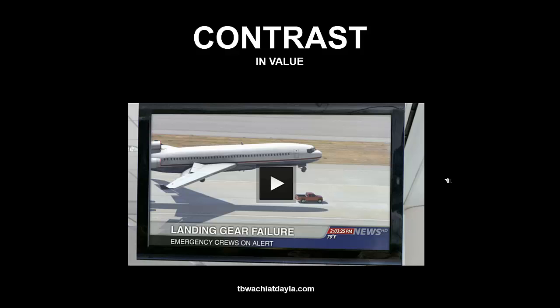So in this case here, you may have seen a television ad of an airplane landing, where the front landing gear was not working right, and it landed in the bed of a Nissan Titan truck. Well, that is quite a contrast, having a plane and a truck work side by side to properly land the plane. That's a contrast in value. So that got a lot of attention.